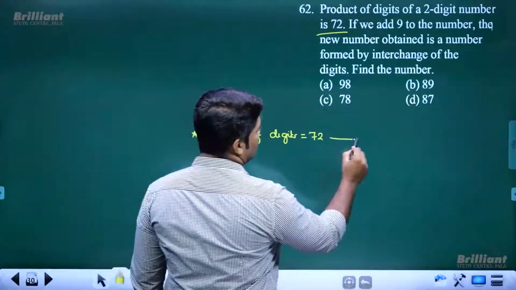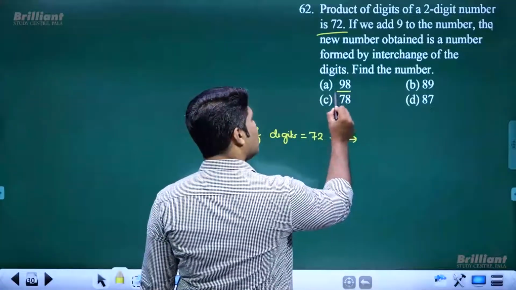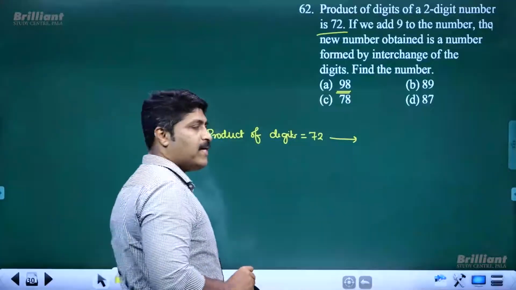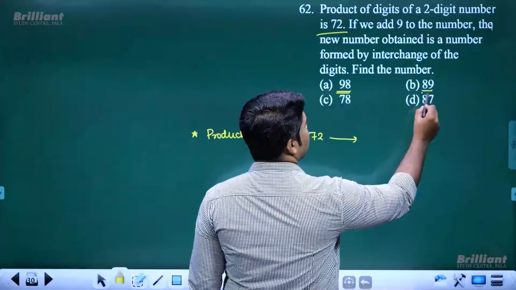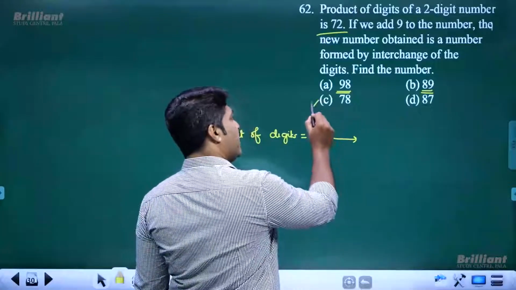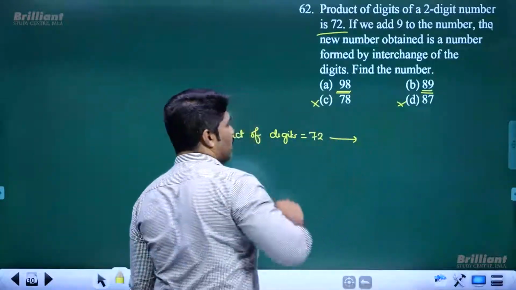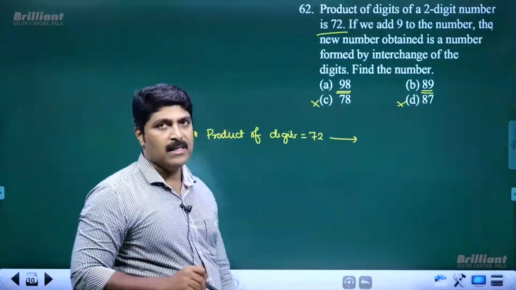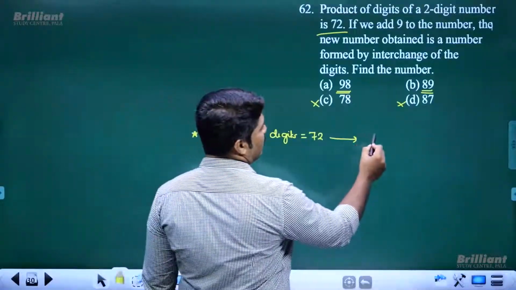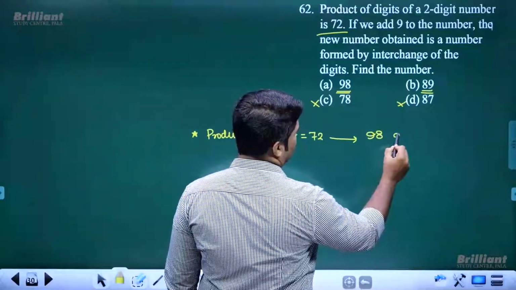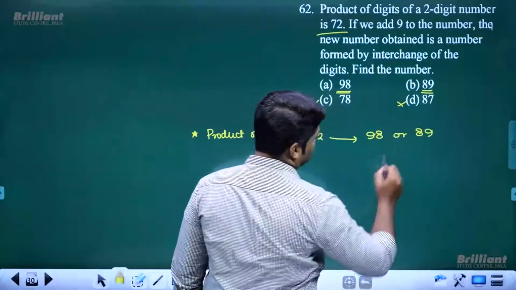As per that condition, we know that 98 is possible because 9 into 8 is equal to 72. 89 is also possible. Therefore, we can eliminate the other two options because 78 and 87 do not satisfy this condition. That means there are two possibilities, 98 or 89.